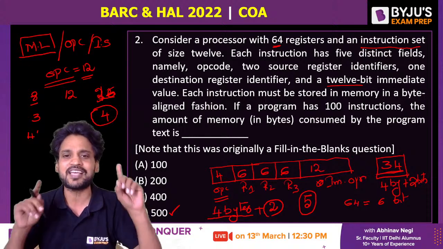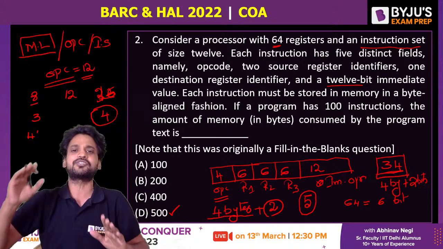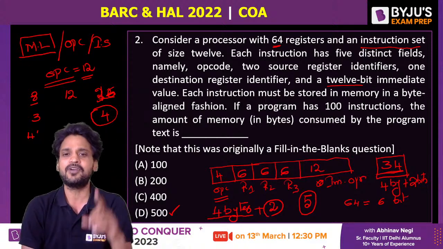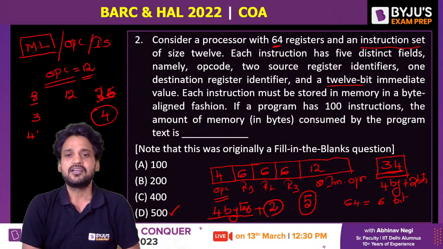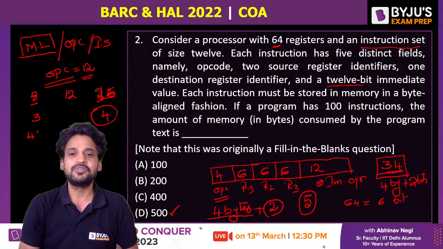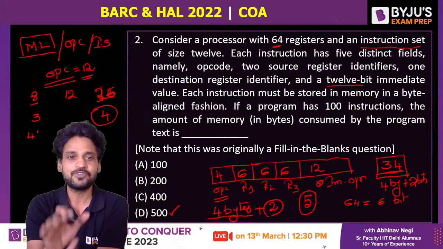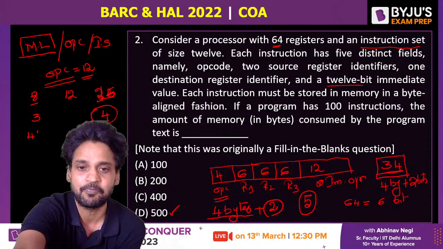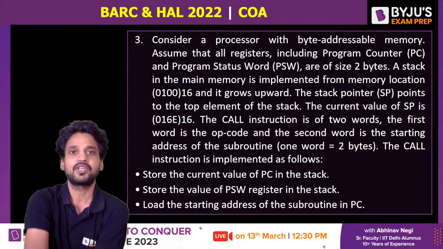You can't organize any independent bit less than 8 bits separately. If you have to store at least 1 bit, or 2 bits, no matter what, you have to obtain 8 bits together, which makes up 1 byte. So here in our case, 500 is the correct option and the correct answer. Next. Okay.